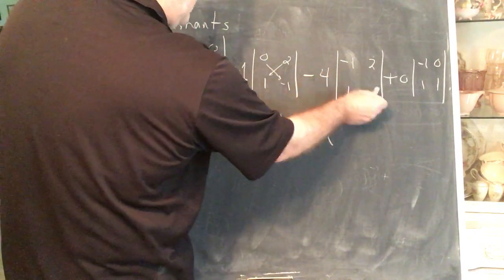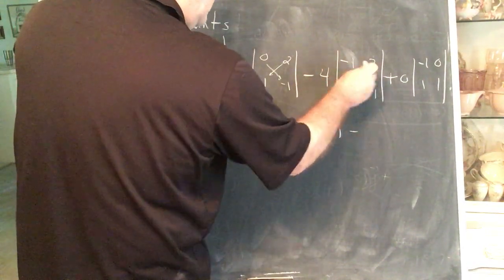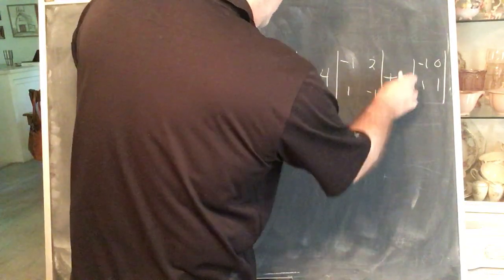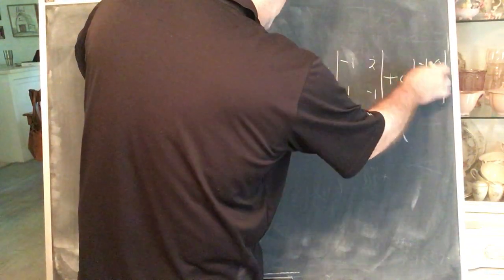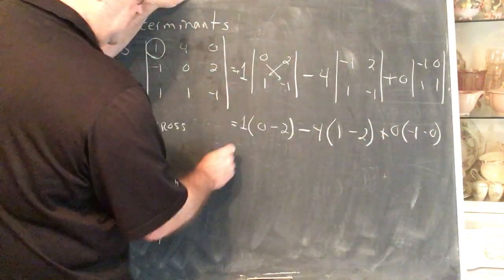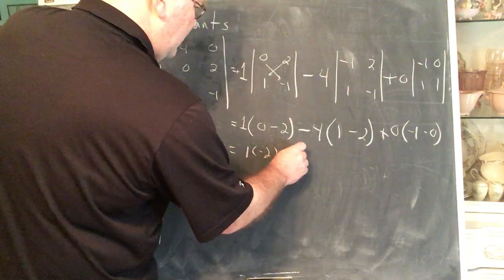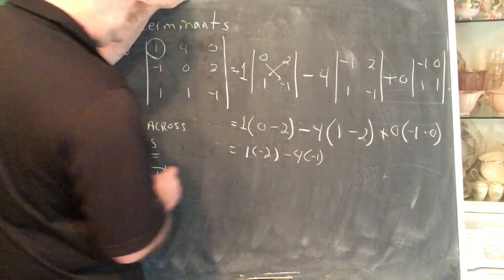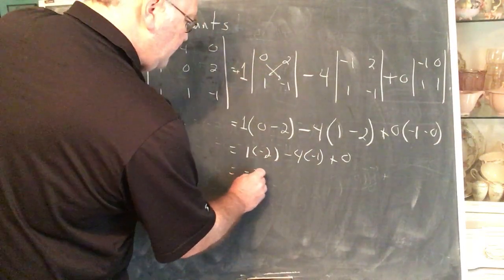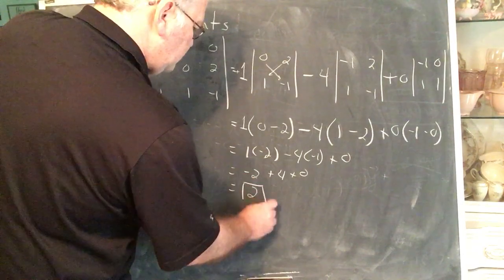Multiply negative 1 times negative 1 is positive 1, minus multiply 2 times 1 is 2. And then this is 0, so it really doesn't matter what happens here, but this is negative 1 minus 0. It's going to be times 0, so it doesn't matter. This is now 1 times negative 2, minus 4 times negative 1. Be careful with the signs. Plus 0. That's negative 2 plus 4 plus 0 is 2.